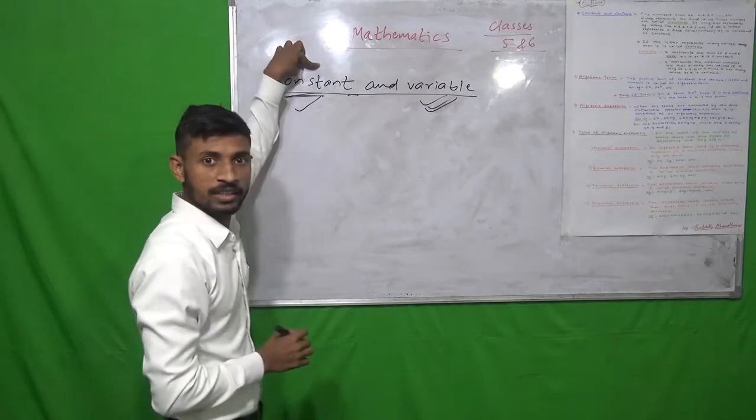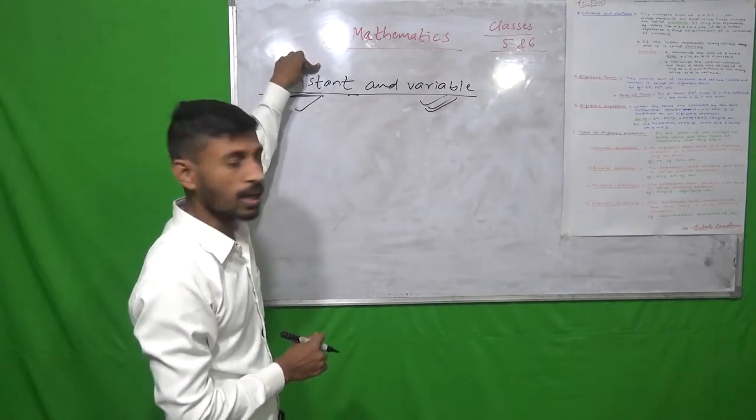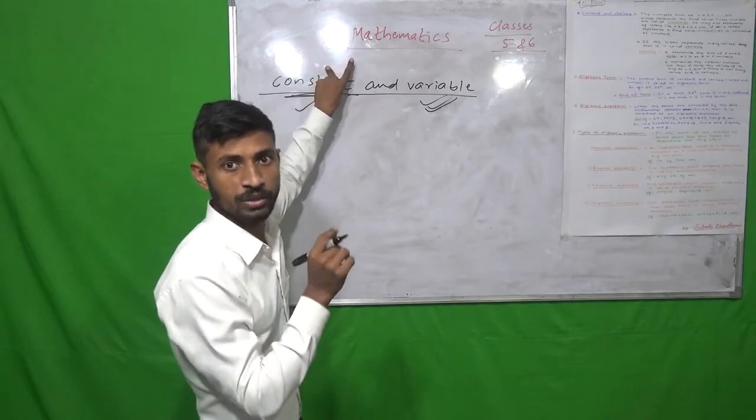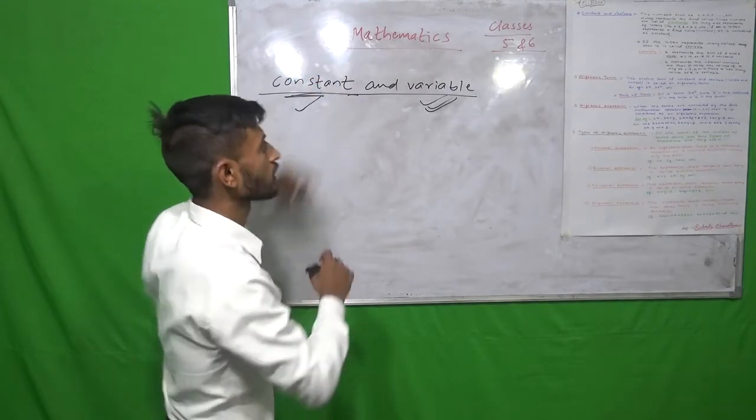In constant, the letter or number are said to be constant if they have only one value, a fixed value.